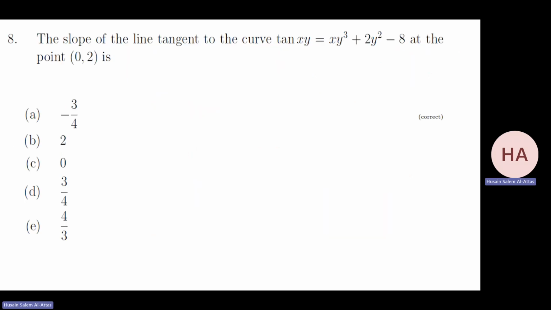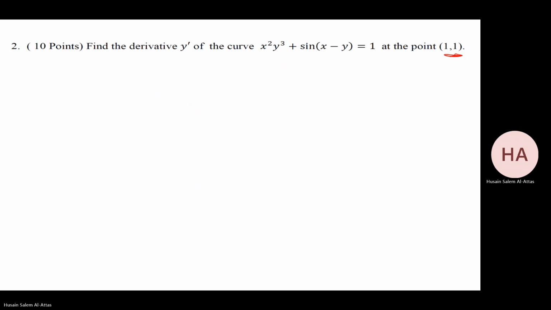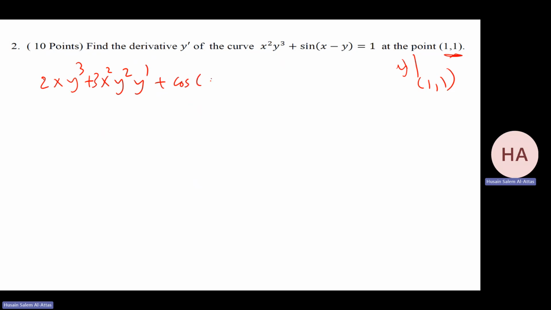Find the derivative at this point. So I want to find y' at this point. Differentiate 2xy cubed plus 3x squared y' plus cosine(x minus y) times (1 minus y').